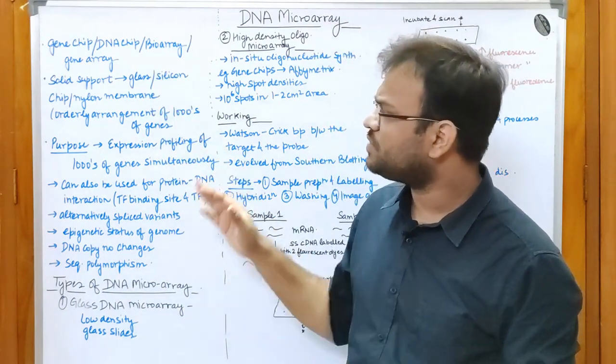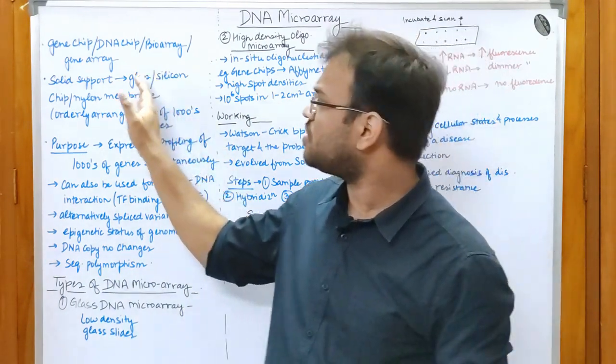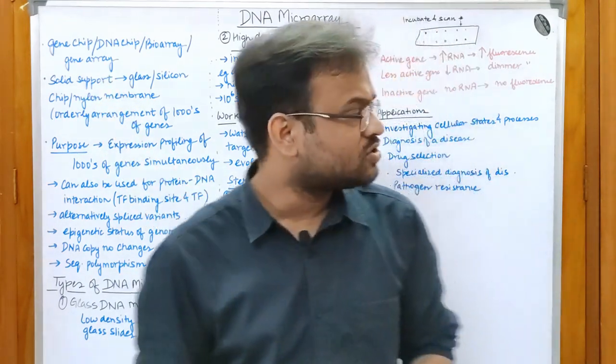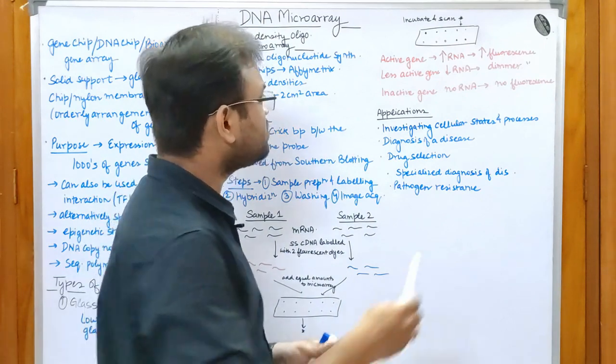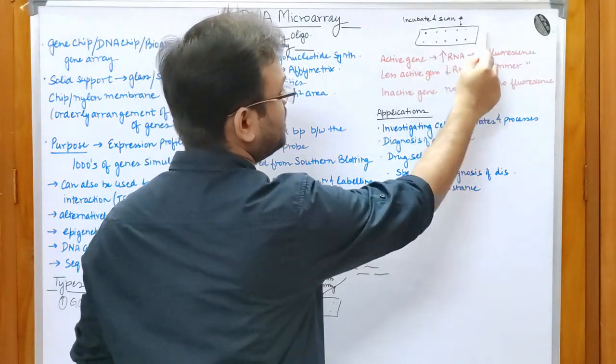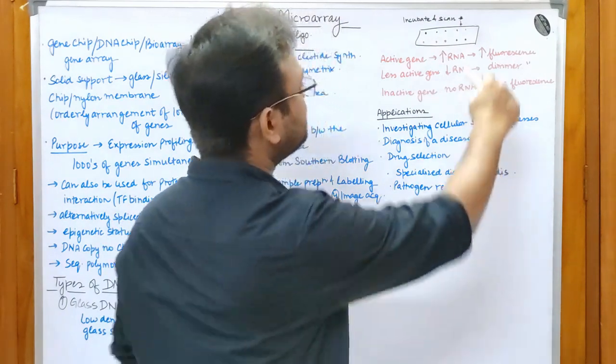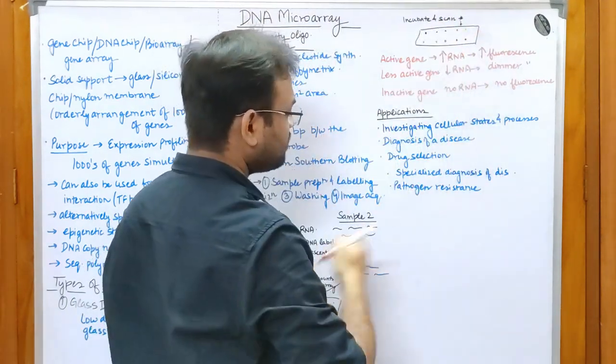The next point is, what are we looking at over here? There is a solid support. It can be made up of glass or silicon. So what is the solid support that we are talking about? This can be the solid support. Okay, so this is a chip. This is a rectangular chip. Basically it can be of any shape, but let us take that it is a rectangular chip like this.